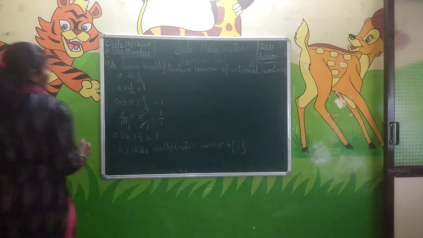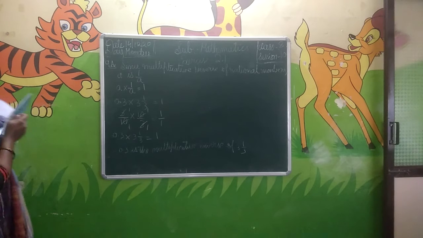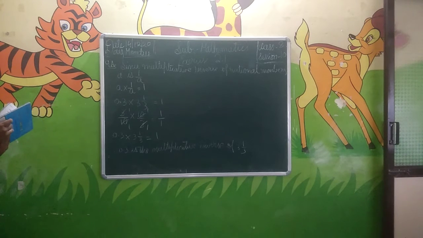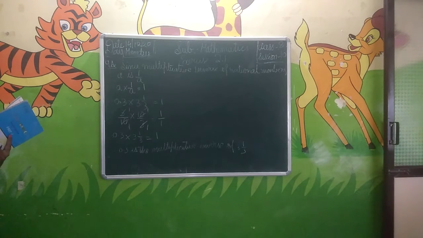Since the multiplicative inverse of a rational number a is written as 1 by a, if a into 1 by a is equal to 1, then 0.3 into 1 by 3 should be equal to 1.